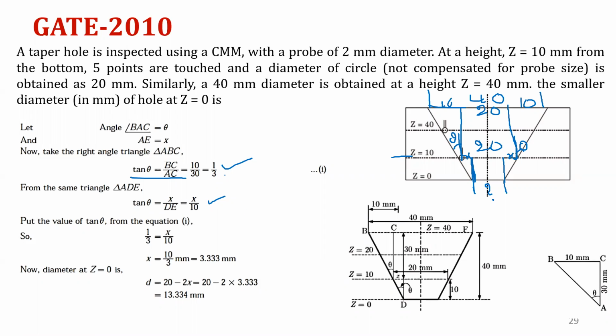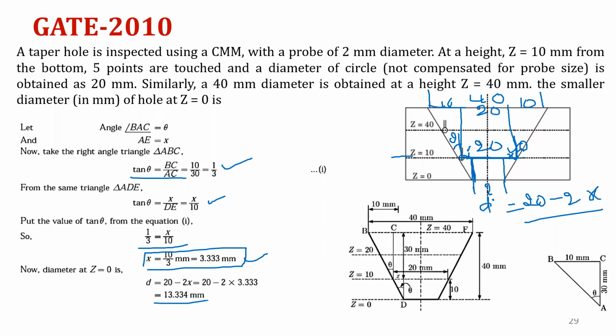Already you know the tan theta value is 1/3, so 1/3 is equal to x by 10. Therefore, you can calculate the x value. Once we calculate x, we can calculate d. This total distance is 20, minus you have to subtract this x and this x. So 20 minus 2x is the d value.